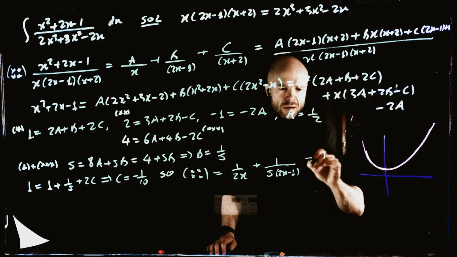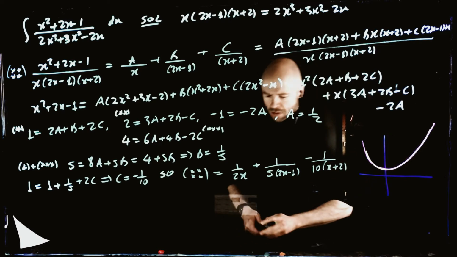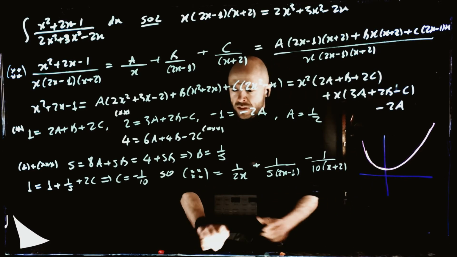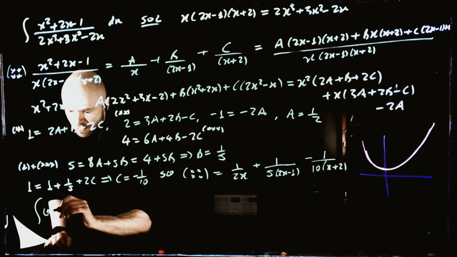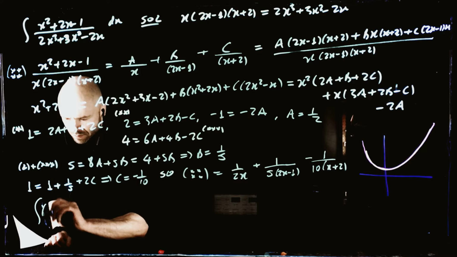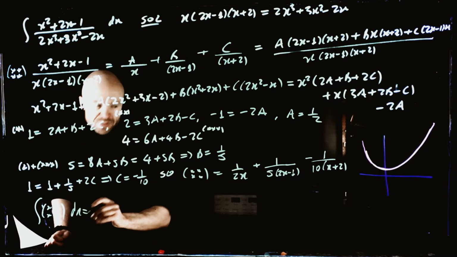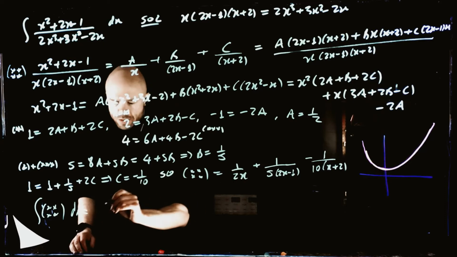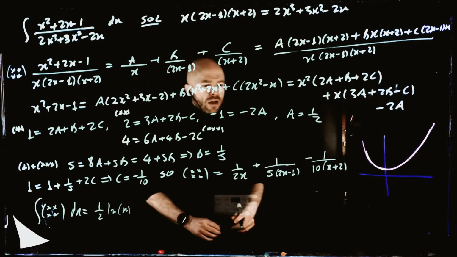So we have minus 1 over 10 times x plus 2, and all of these things we can integrate, right? So the antiderivative of star, star, star, star is the antiderivative of all of these things, so it's going to be 1 over 2 log of x.